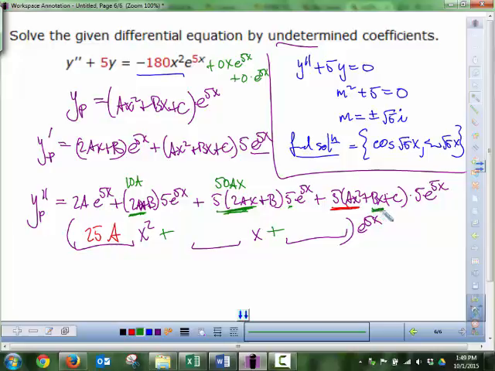And then I have this b with a 5b. Did I cover all my x's? So 50 plus 10 is 60, 60a plus 5b. 25?